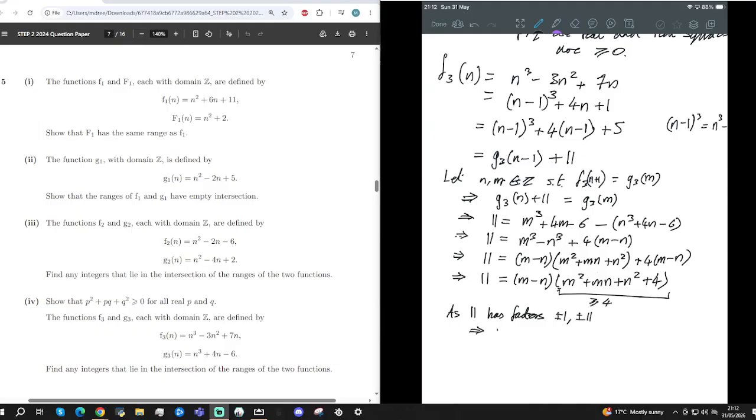This is actually forcing m squared plus mn plus n squared plus 4 to be equal to 11. That's the only factor that's bigger than or equal to 4. And if that term's 11, then m minus n has to be equal to 1.